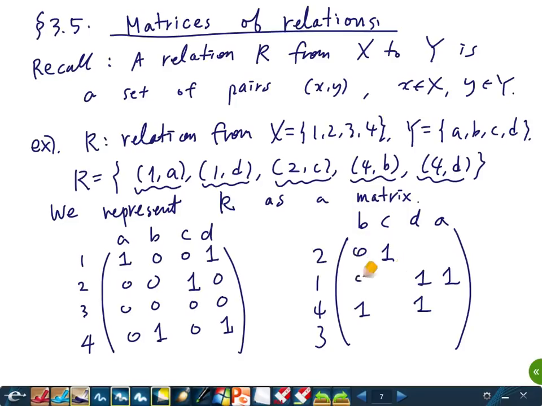And then fill the remaining entries with zeros. This is the matrix of the relation with respect to this order and this order. So we have to decide which order of the elements we use.